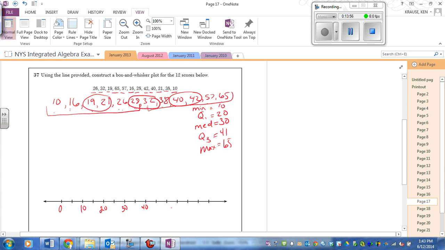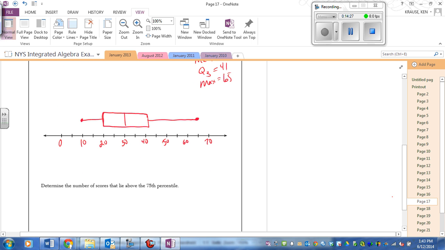Mark about 10, about 65, line at 20, line at 41, and line at 30. And there's your box plot. Box and whisker is the same as box plot.